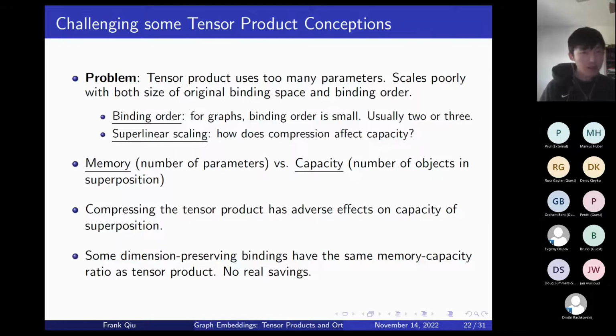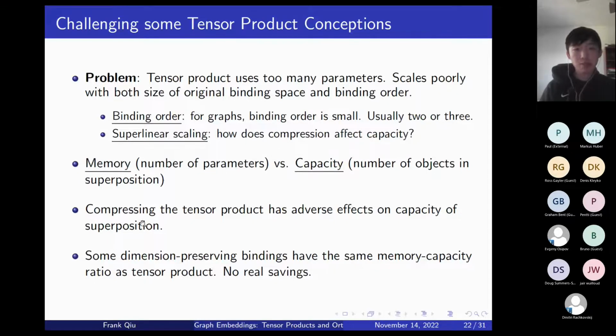And how does compression affect capacity? So for this section, I'll be specifically considering two quantities: the memory of an embedding method, that is the number of parameters that the embedding method takes, as well as the capacity. So that is how many objects can I store in superposition using a method.